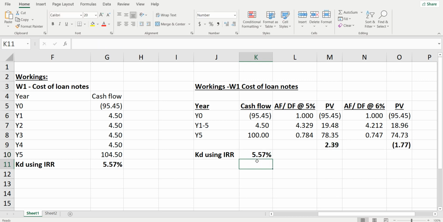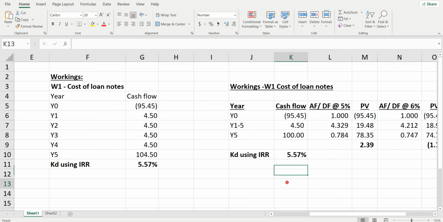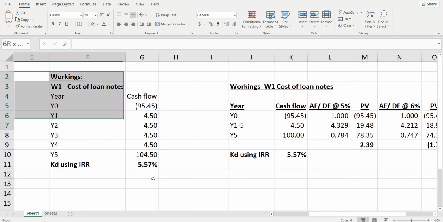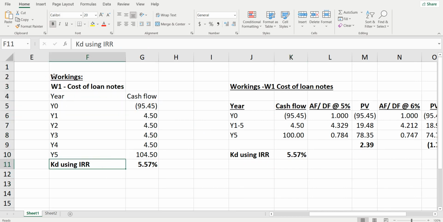So this is a very complicated formula, but just for showing. You can just use the IRR function. This is also correct, and this will save a lot of time. Okay, anyway, just to show this.